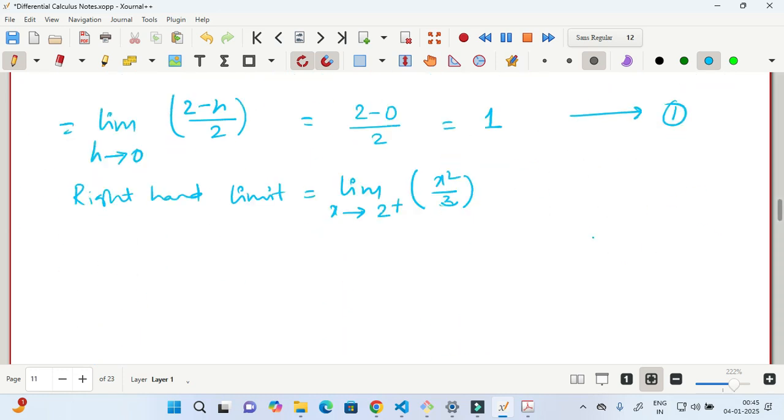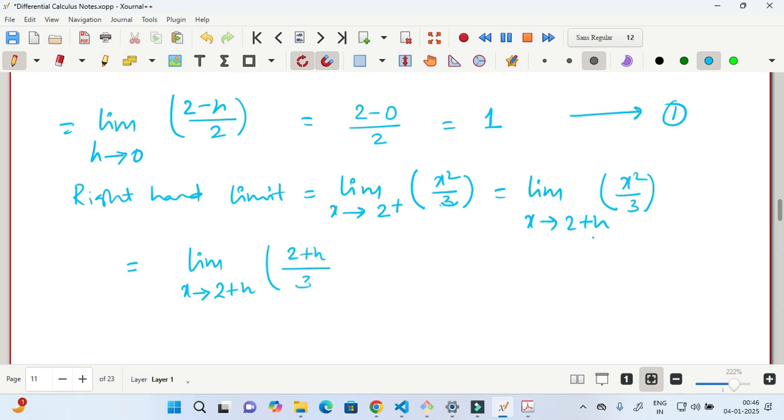Now 2 plus, which is equals to limit x tends to 2 plus h of x square by 3, which is equals to limit h tends to 0 of (2 plus h) by 3 whole square.